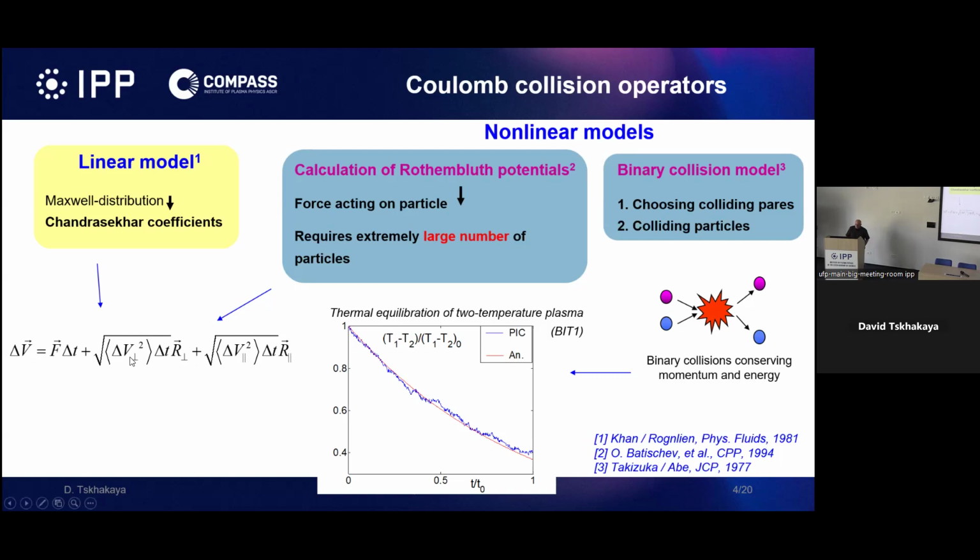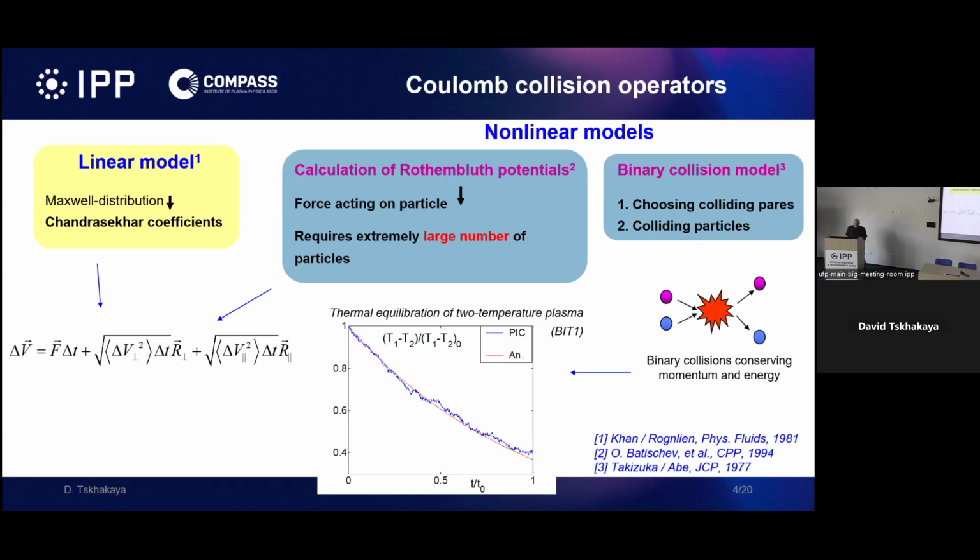You have a diffusion coefficient in the perpendicular direction and a diffusion coefficient in the parallel direction, and these are multiplied by random numbers and unit vectors in the perpendicular and parallel directions. In the linear model, these values are pre-calculated and it is relatively fast and it works, but the problem is this is correct only when you have Maxwell distributed particles, and this is not the case.